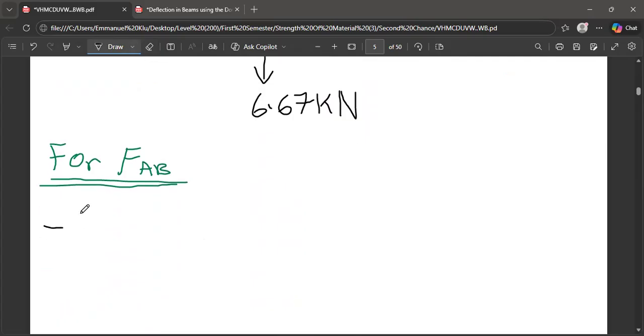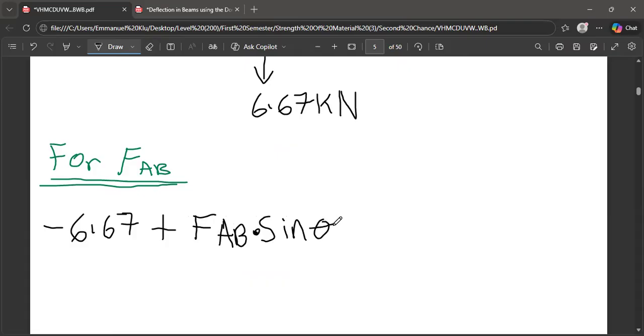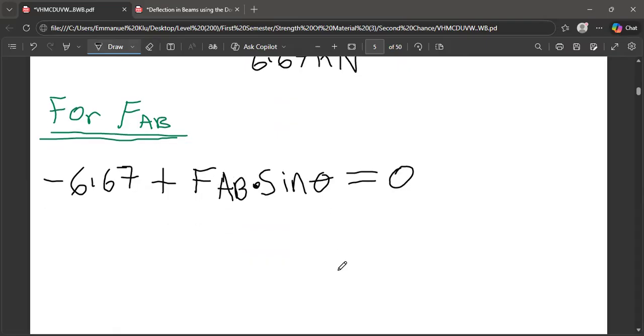So I'm going to say negative 6.67 plus FAB sine theta is equal to 0.